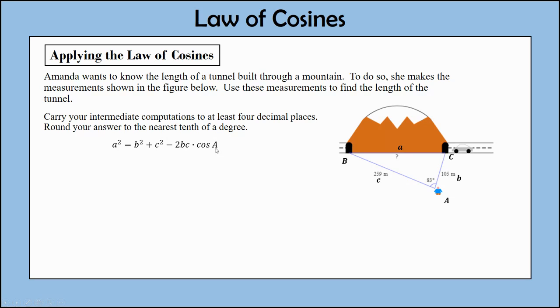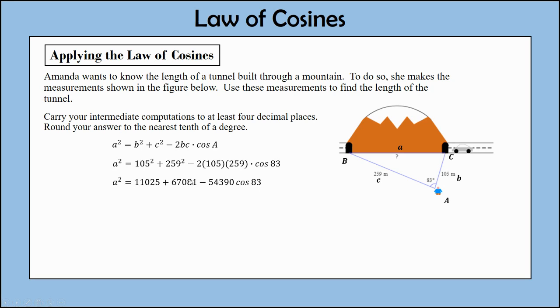This A, cosine of A, remember that's an angle right there, is the 83 degrees. So if I do all my substitutions, it looks like this. Okay, write it out. Now, square 105, square 295, multiply 105 and 295 together. You'll get a line that looks like this.